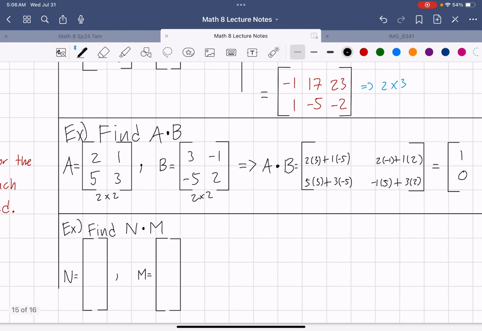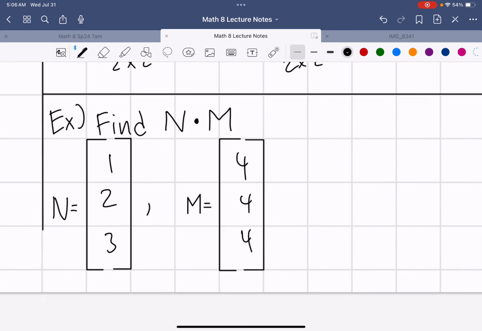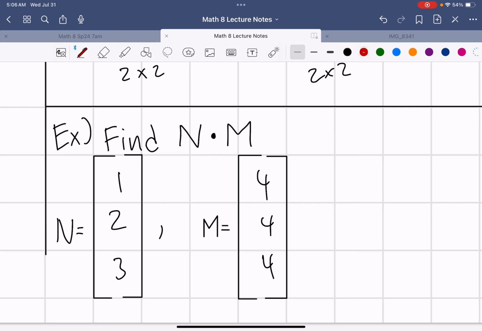And lastly, really quick, looking at these two matrices, say 1, 2, 3, and then 4, 4, 4. What you want to be careful, even though they both have the same, right? This is a 3 by 1. This is a 3 by 1. They both have the same dimensions, but that's not what I'm looking for in multiplication.